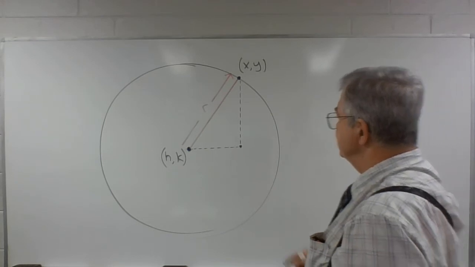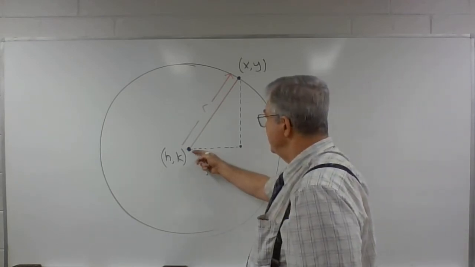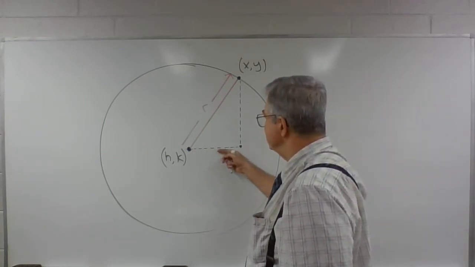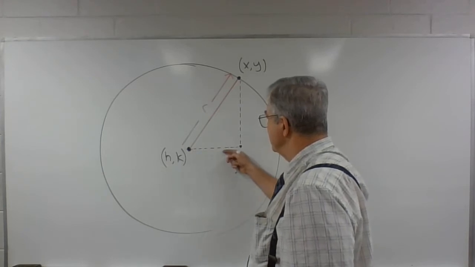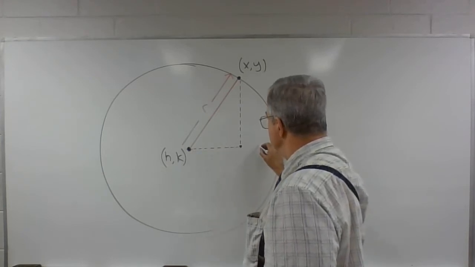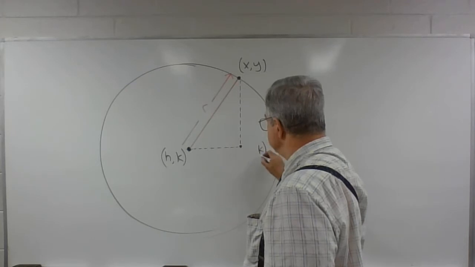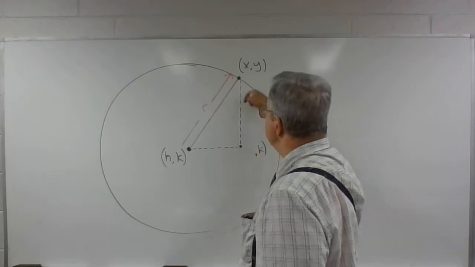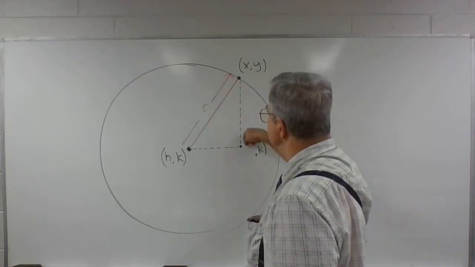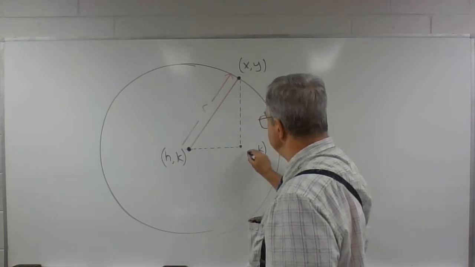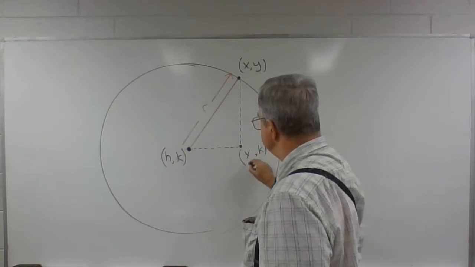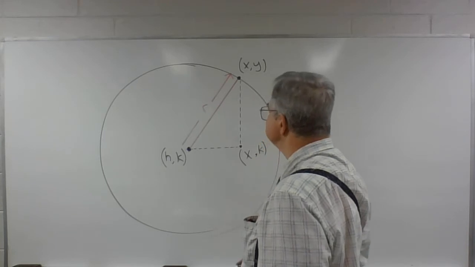What are the coordinates of this point? Every point on a horizontal line has the same y coordinate. So the y coordinate here is k. Every point on a vertical line has the same x coordinate. So the x coordinate is x.